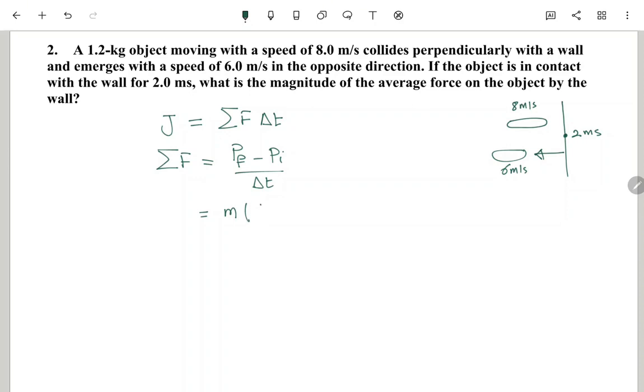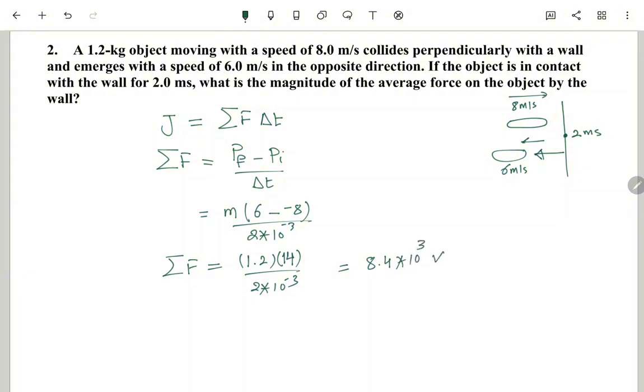The final velocity is 6 minus the initial velocity, which is 8, but since the initial velocity is going this way and the final one is going this way, it is minus 8, divided by 2 times 10 to the power minus 3, 2 milliseconds. The net force after all will be equal to 1.2 times 14 divided by 2 times 10 to the power minus 3, or 8.4 times 10 to the power 3 newtons.